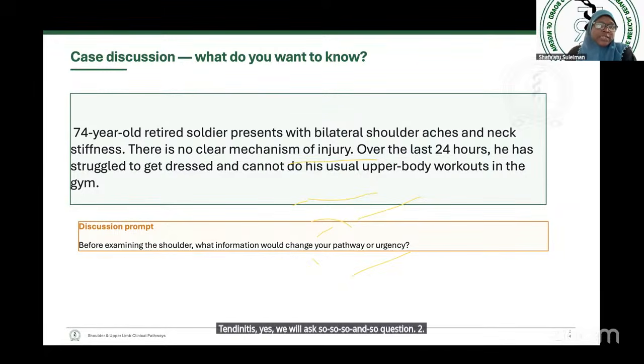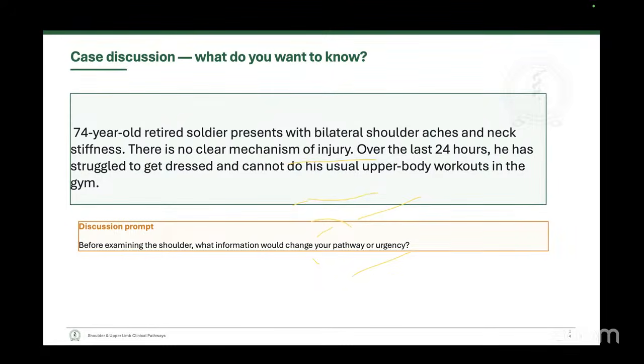Two, what other thing can cause it? Polymyalgia rheumatica, and we've asked so and so question. What other thing aside from polymyalgia rheumatica and tendinitis do you think can cause aches and stiffness in shoulders? Any other thing that will come into mind?